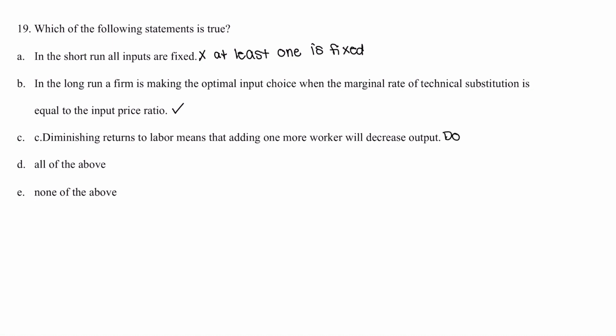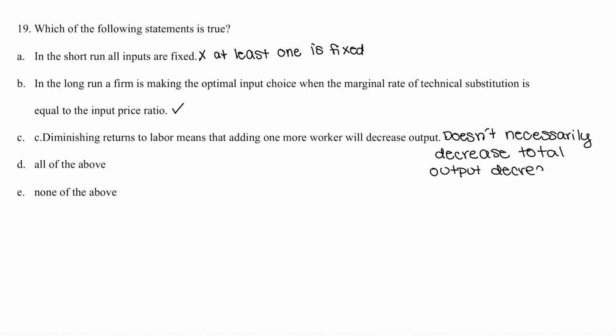It doesn't necessarily decrease total output. It could, but it just means that it's decreasing new output. So the only answer choice that's left is B.